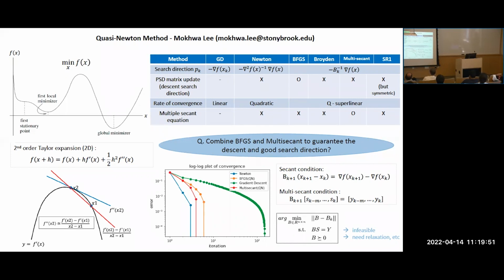However, other Quasi-Newton methods than BFGS do not necessarily satisfy positive semi-definiteness. So actually, we may blow up at some point. That's the disadvantage of using methods other than BFGS. However, there is another Quasi-Newton method which is multi-secant.